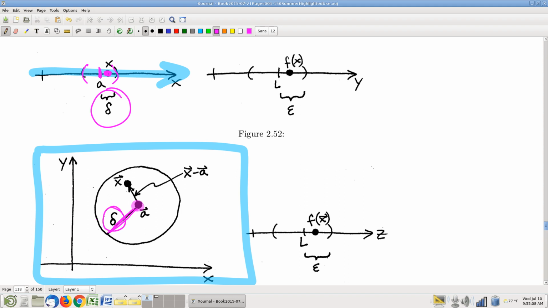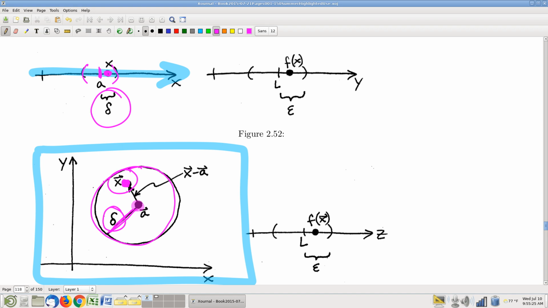Still going to call the radius delta. And that radius defines, well, not an interval, but a disk. And then this point x that is within that radius is just something that looks like that.